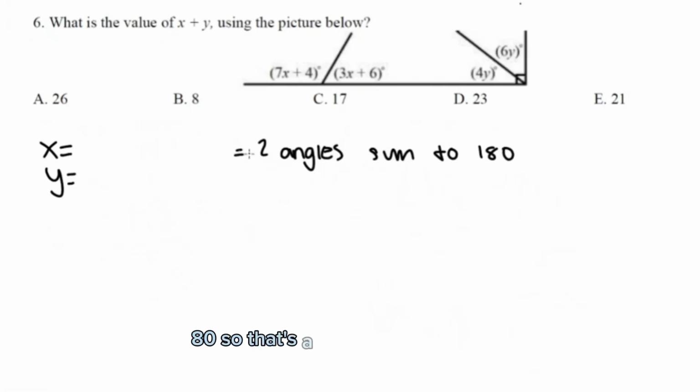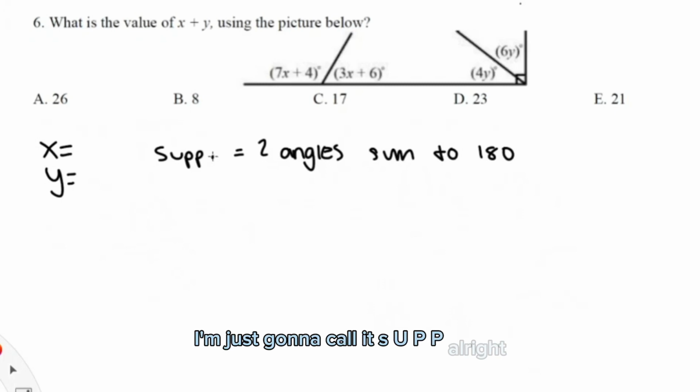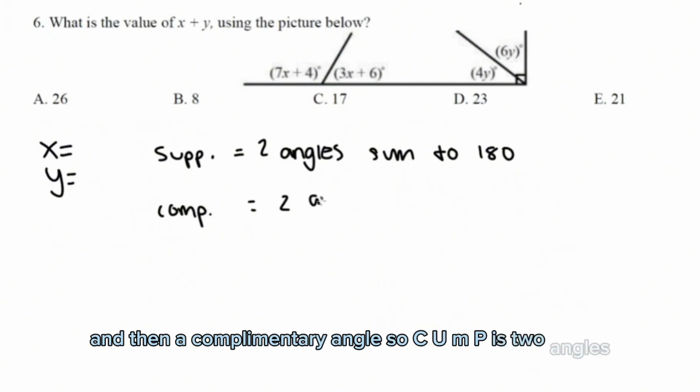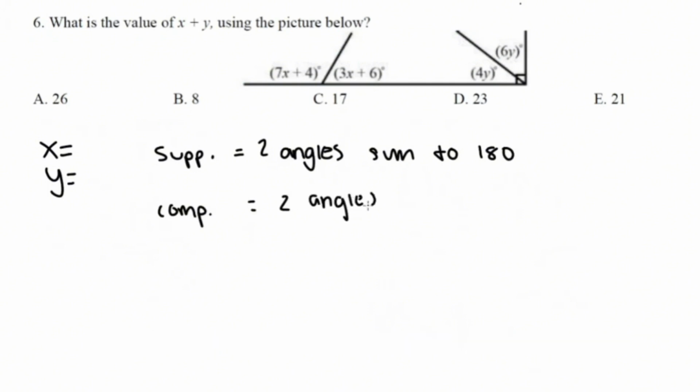And a complementary angle, COMP, is two angles that sum to 90 degrees.